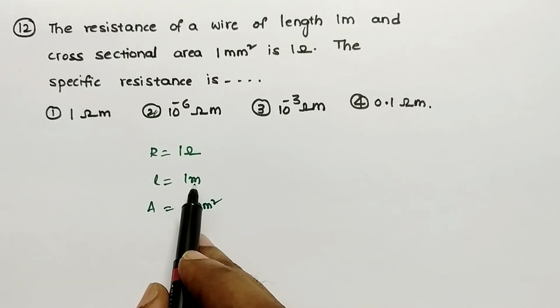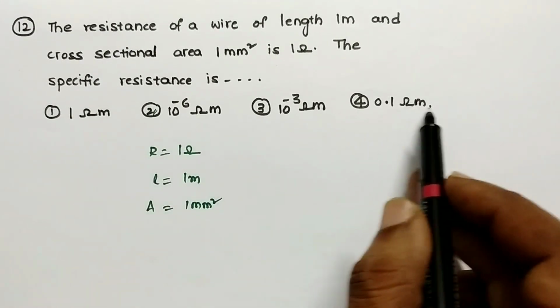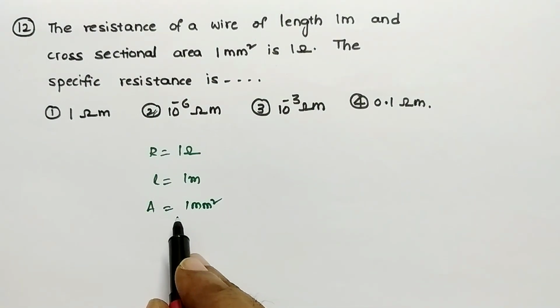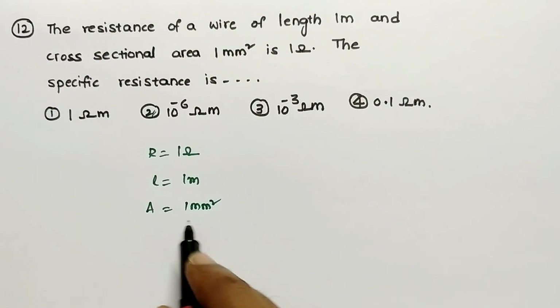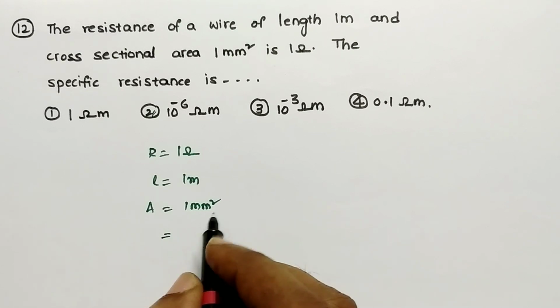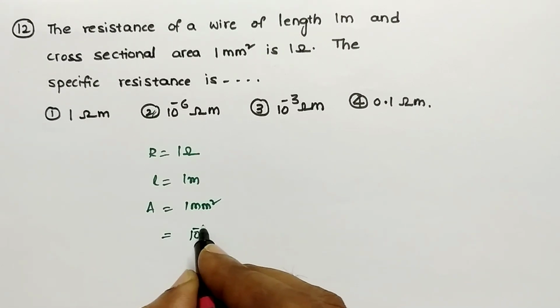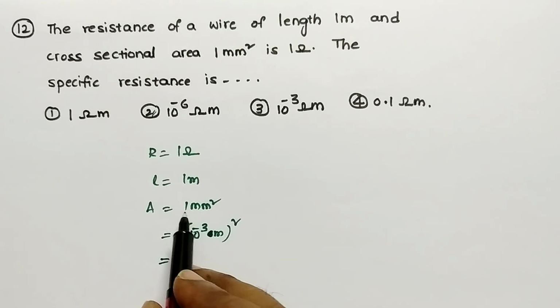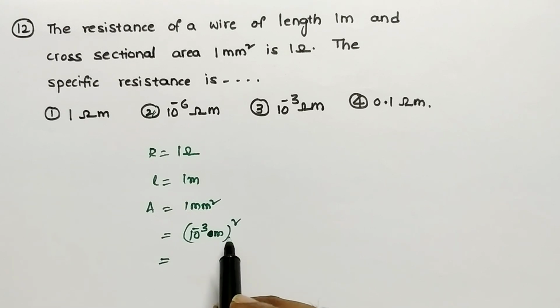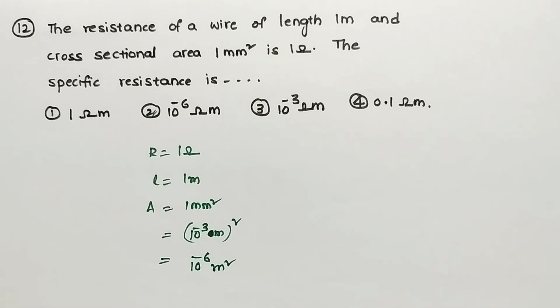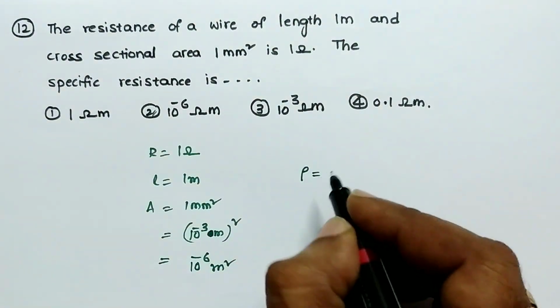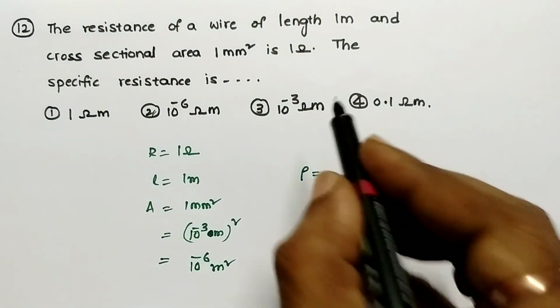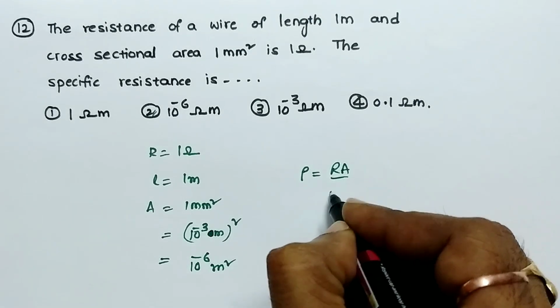The answer is given in meters, so we have to convert this area into meter square. 1 millimeter is 10 power minus 3 meters, so squared it is 10 power minus 6 meter square. The formula is specific resistance rho is equal to RA by L.